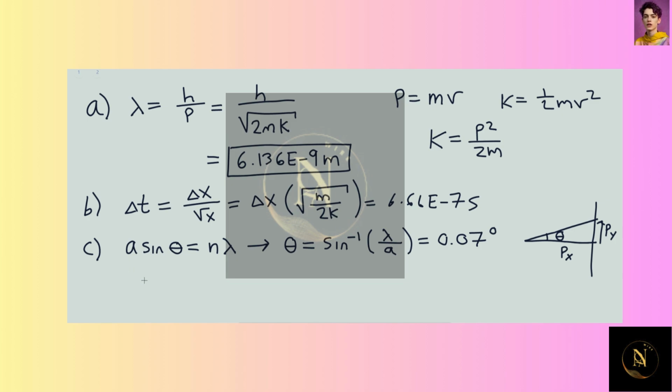So we can use the uncertainty principle. Delta y, delta py, greater than or equal to h bar. Thus, the uncertainty in momentum will be h bar over delta y.